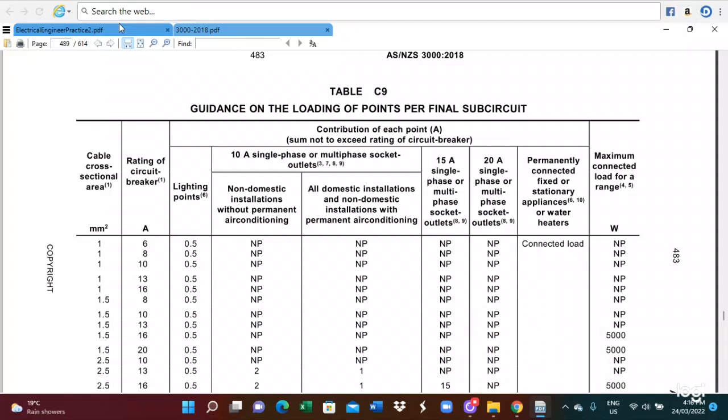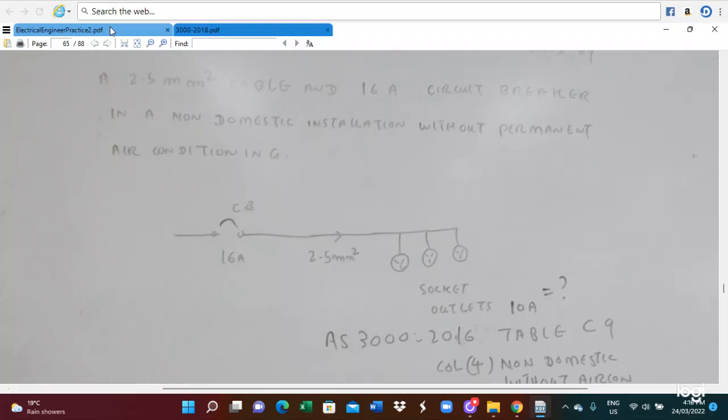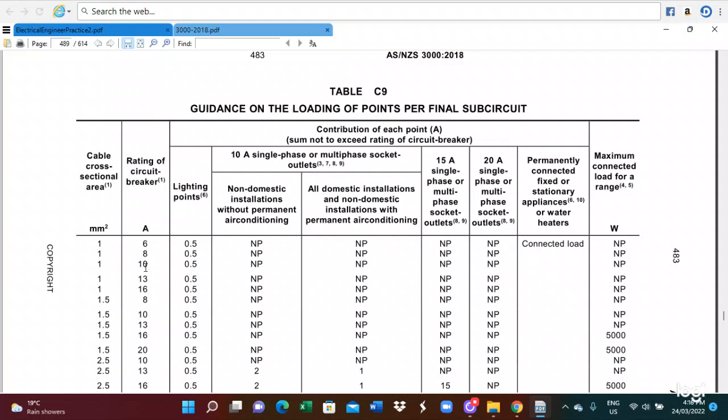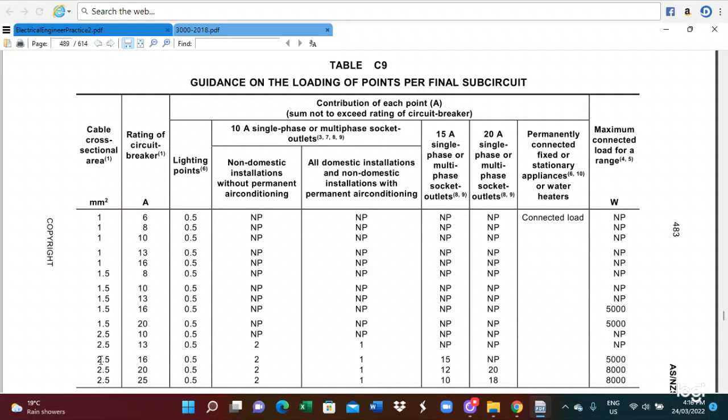In the problem, we use a 16 ampere circuit breaker and 2.5 millimeter square cable, for a non-domestic installation. Here, 2.5 millimeter square and 16 ampere, non-domestic installation, you can connect 10 ampere socket outlets, the number being 2, without permanent air conditioning.